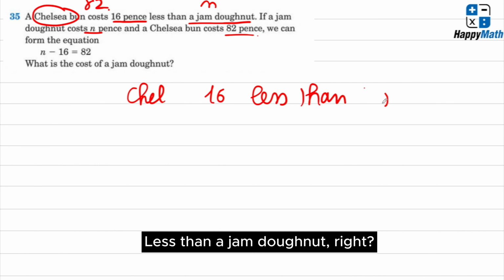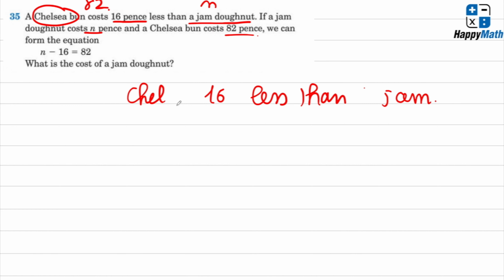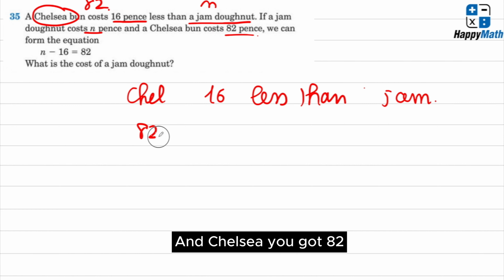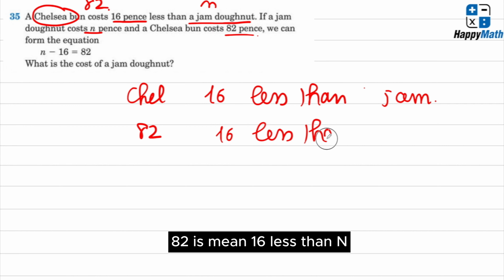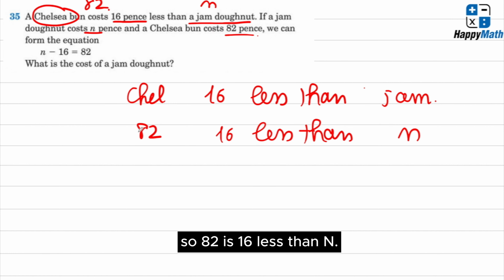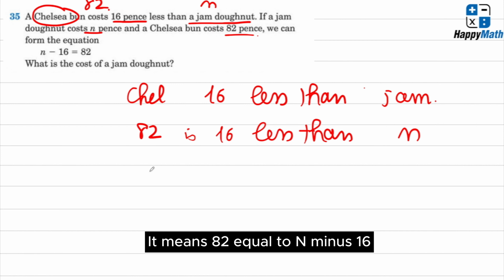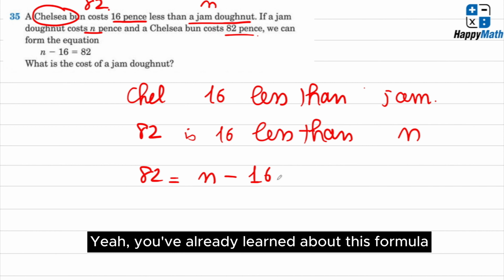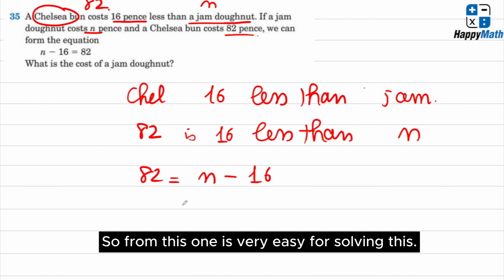Less than a jam donut, right? And the Chelsea bun is 82. So 82 is 16 less than n. Why do I have n here? Because a jam donut costs n pence. So 82 equals n minus 16. You already learned about this formula. From this one, it's very easy to solve.